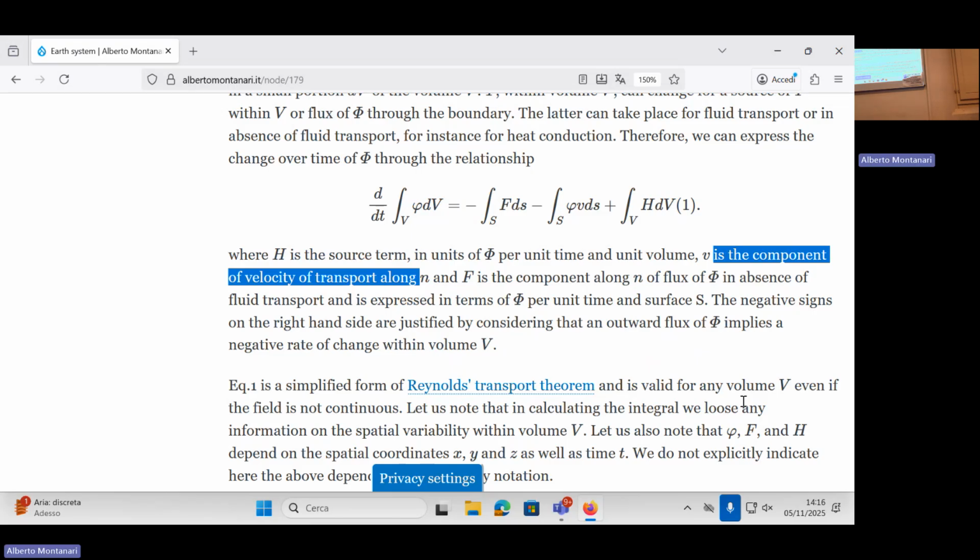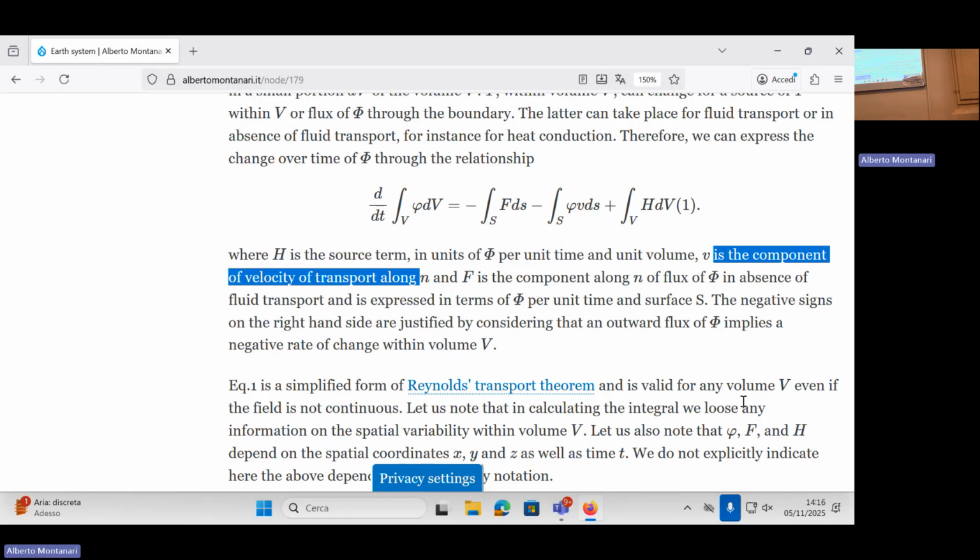And this is equivalent, if we indicate it as v, where v is the component of the velocity vector along the normal n.